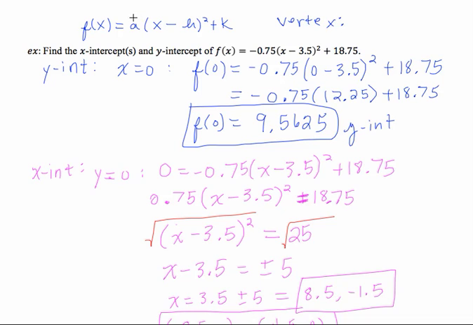So I have a is negative 0.75, x is just x, we have minus and minus, so h is 3.5. We do not include the negative because it's accounted for right here. And then plus k is plus 18.75. Okay, and remember it opens up if this coefficient a is positive or down if this coefficient a is negative. So this one's going to open downwards.